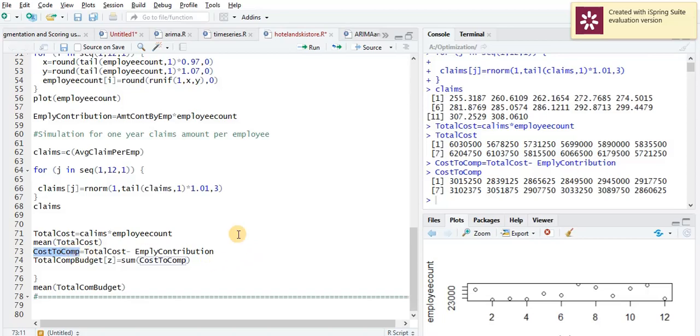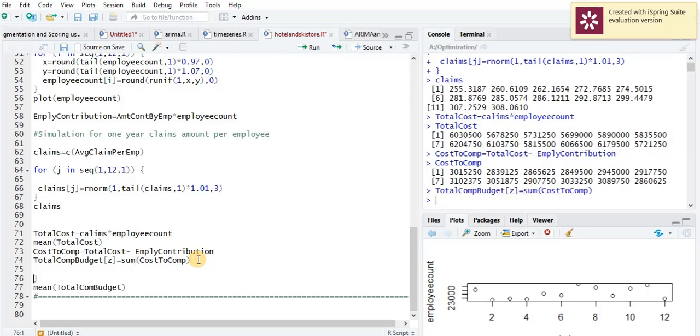This is for a monthly duration, since each and every month the claim will vary according to the variation in the number of employees as well as the variation in the claims amount. So the total budget for one year will be the sum of all the costs in each month. This will be the total amount of health insurance for one year.